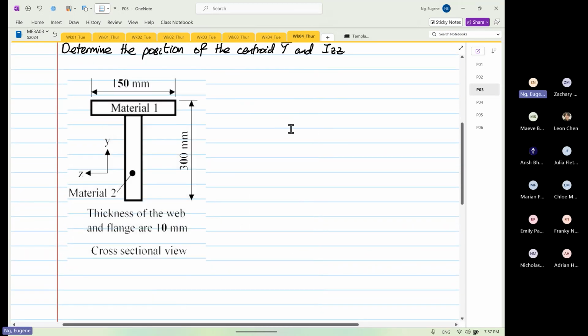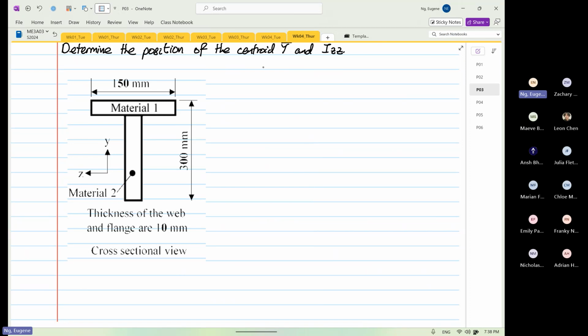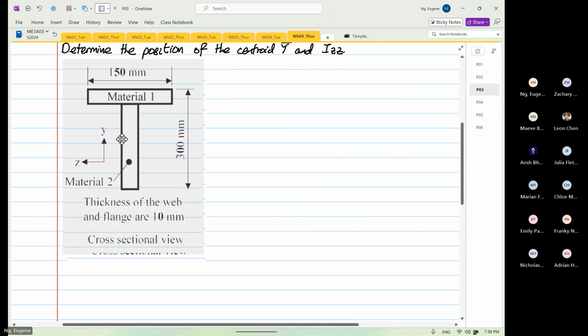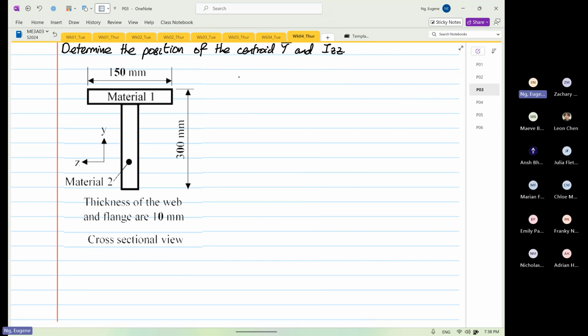For this case, I will use the reference material. The reference material used is brass. You can pick steel. The answer is going to be the same. Okay, so we know that this is the brass. This is made of steel. Okay, so we are going to go into section.